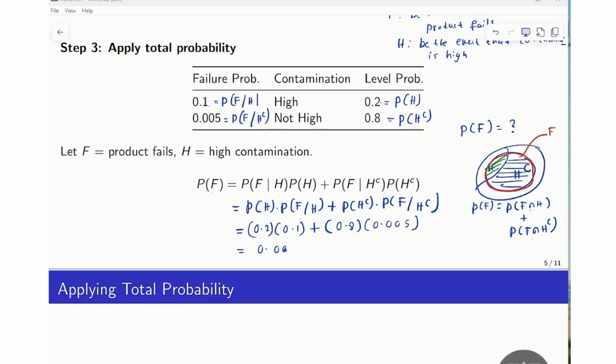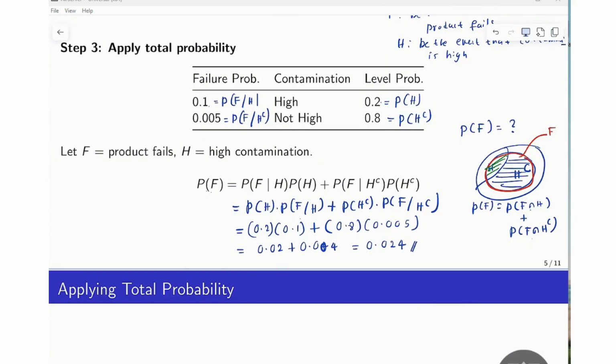You can calculate 0.2 times 0.1 plus 0.8 times 0.005, right? And then add together, 0.02. So this is the probability of product failure. It's very small.